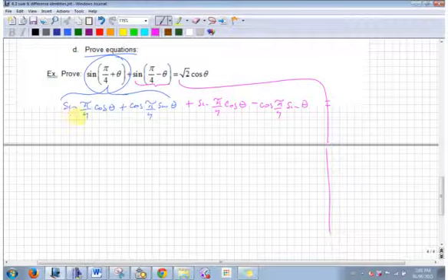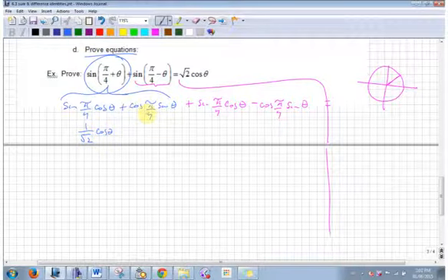Okay, sine of pi over 4 is what? 1 over root 2. What's cosine theta? Well, I don't know. It's cosine theta.